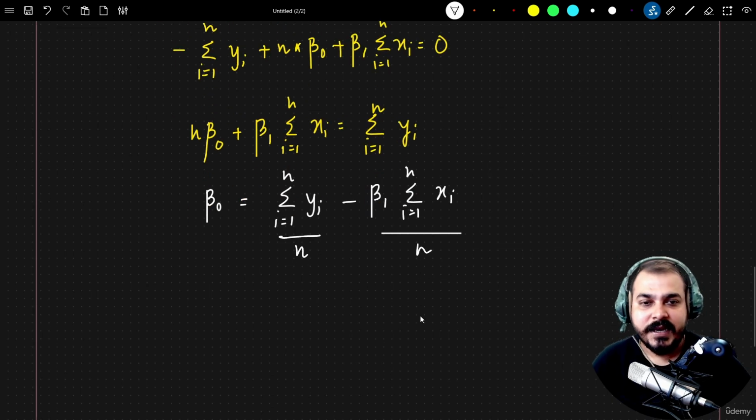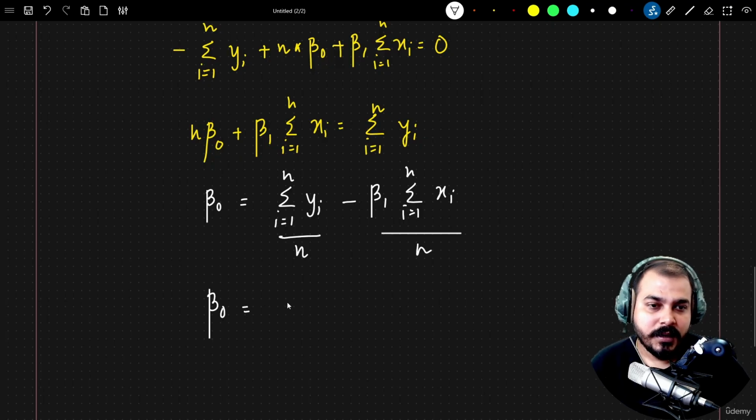Okay. So finally, I can prove that my beta 0 is nothing but, see what is happening over here, this is the summation of y of i divided by n. So can I say this is the average? So definitely I can write this as y bar, right? So this becomes an average. And similarly over here, summation of i is equal to 1 to n x of i divided by n, this is nothing but beta 1 multiplied by x bar.